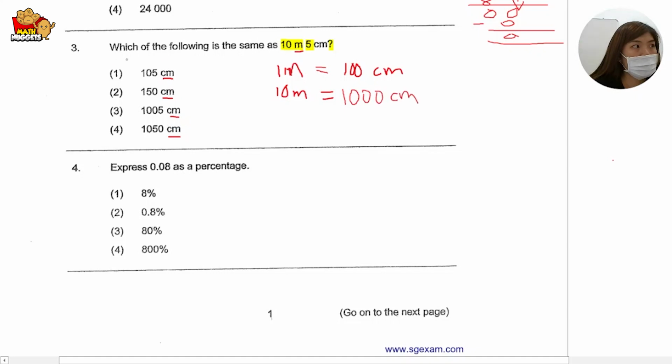So which of the following is the same as 1000 cm, 5 centimeter? You need to add in the 5 centimeter. So 1000 plus 5 gives you 1005 cm, which is option number 3.